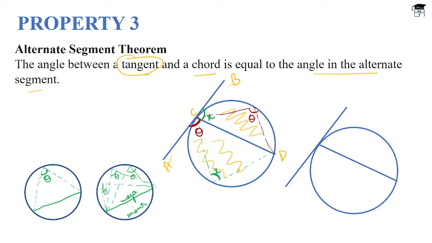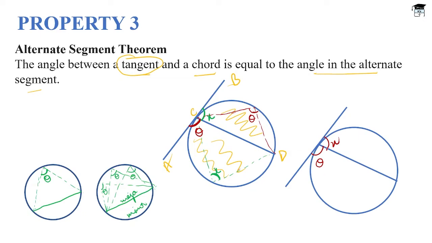Alright, so this is the minor segment. If I draw it in the minor segment, the other one in the major segment will be equal to that angle. Similarly, if I draw it in the major segment, it will be equal to the one in the minor segment. So now I have drawn two angles here, one x and one theta.